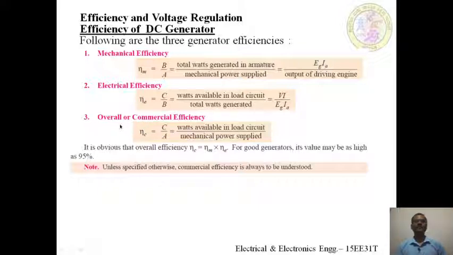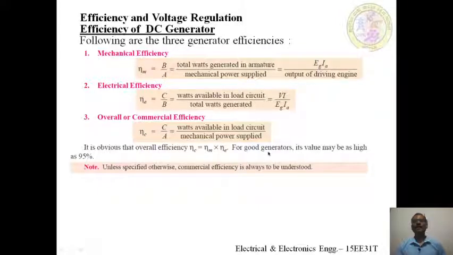Another one is overall efficiency. It is also called commercial efficiency. It is total output of the generator divided by total input supplied to the generator. That is total watts available in the load circuit divided by mechanical power supplied. The overall efficiency is given by mechanical efficiency times electrical efficiency.